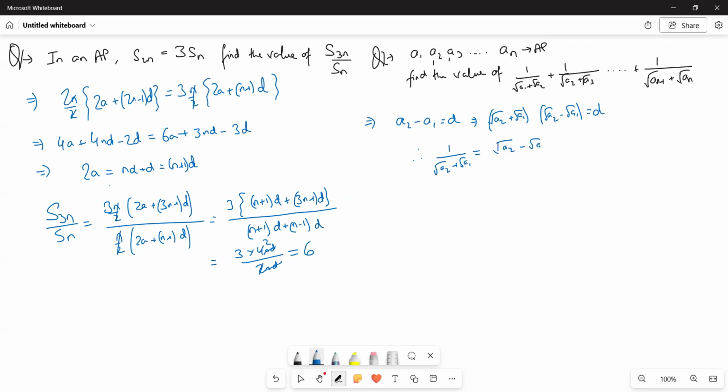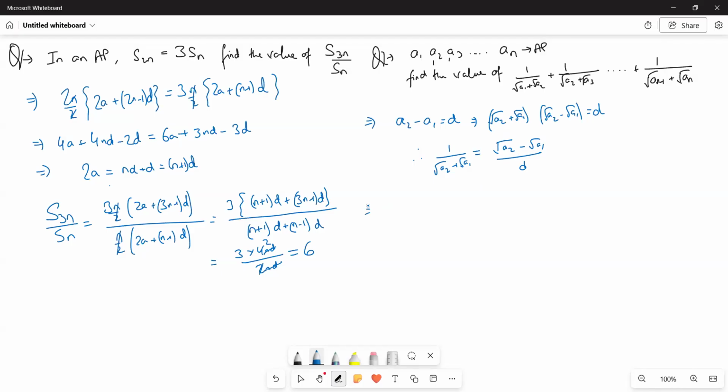Root A2 minus root A1 whole divided by D. Okay? This is very similar to the concept of telescopic sequence, which is essentially like we are trying to express the general term of the sequence as a difference of two related entities.